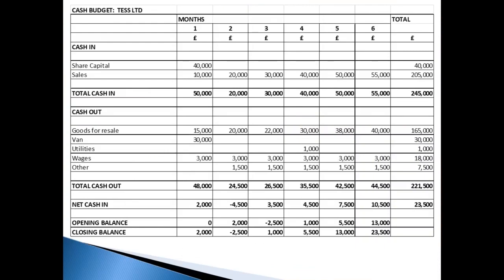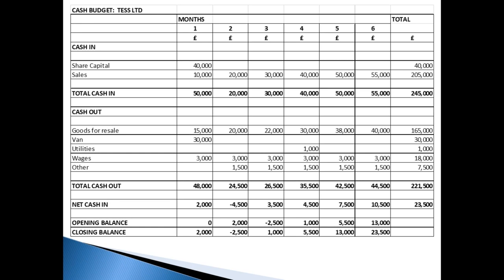Okay, so here's her projection for 6 months. There's the cash in first, the cash out next. Take one away from the other, take the 48,000 going out away from the 50,000 going in. There's a net cash flow of £2,000. It's a startup business, so there's nothing to begin with. And at the end of month one, she's got £2,000.